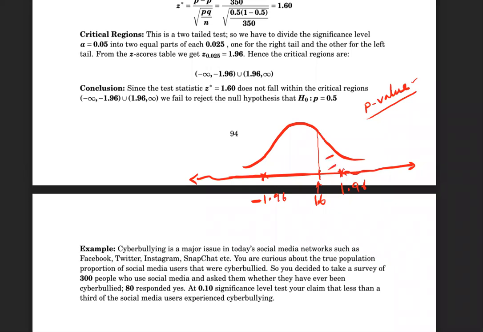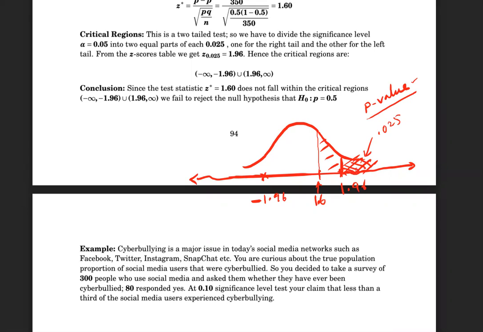Okay, that is the area to the right. Now if you look at it, this area to the right of 1.96 is 0.025. This double shaded region is 0.025.